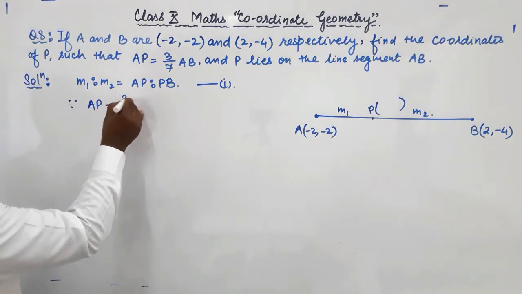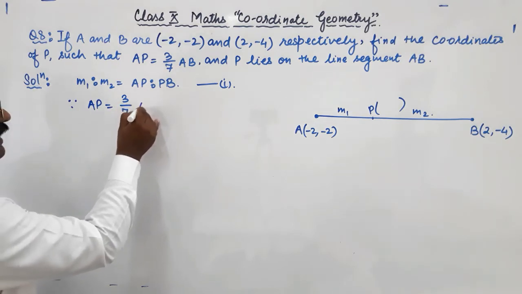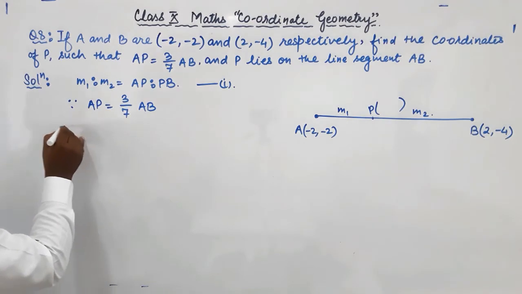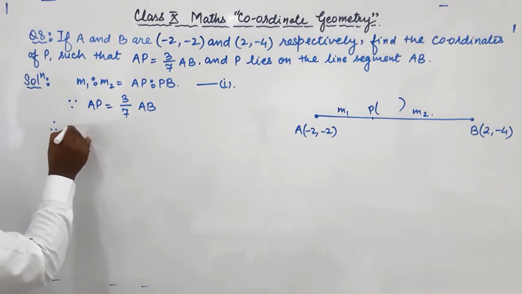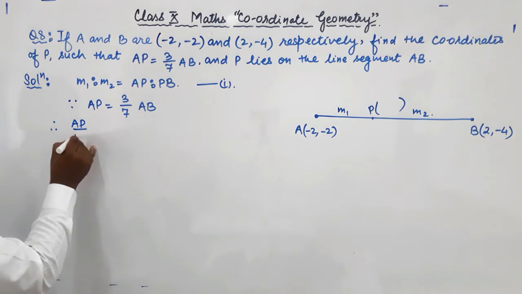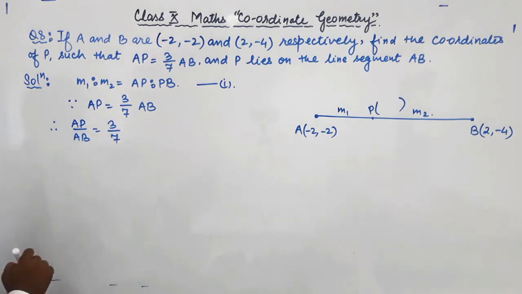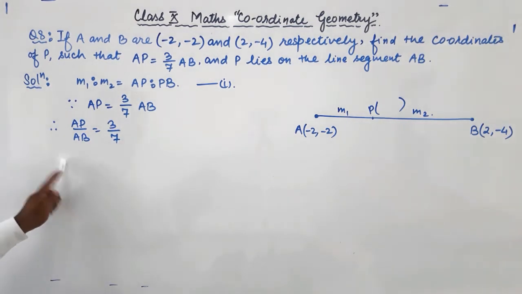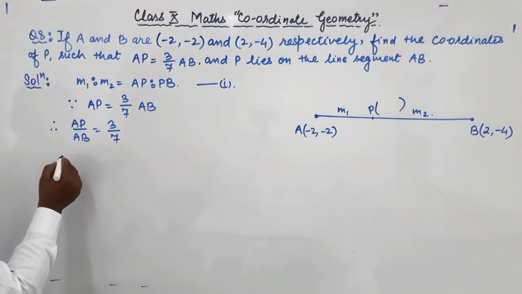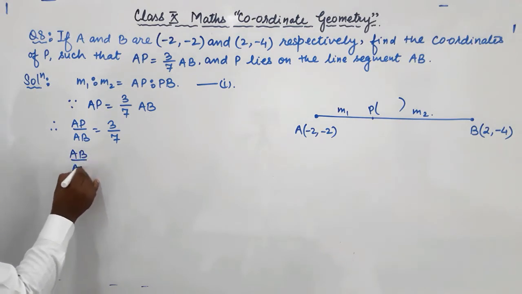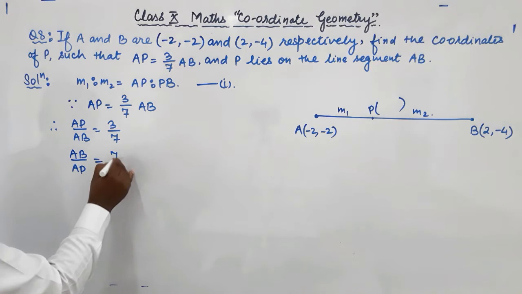AP equals to 3 upon 7 AB. So, bring this AB to this side, you will get, therefore, AP upon AB is equals to 3 upon 7. Now, this is not the value of AP upon PB, it is AP upon AB. So, let us change it. It can be written as AB upon AP equals to 7 upon 3.